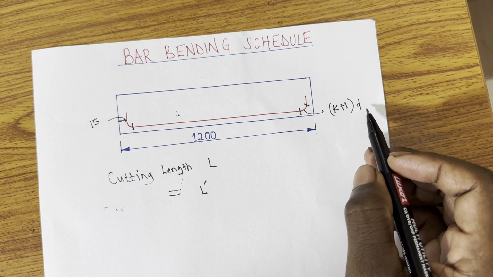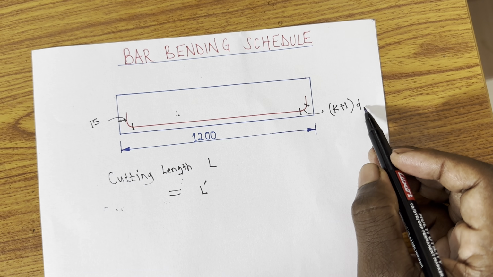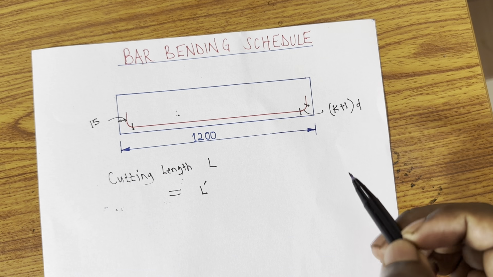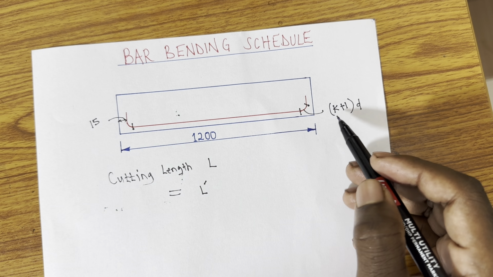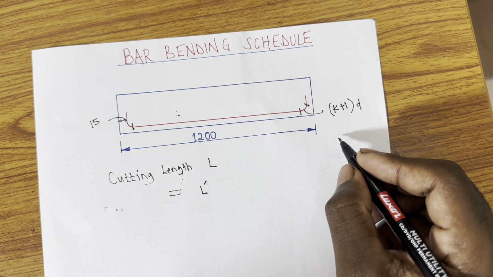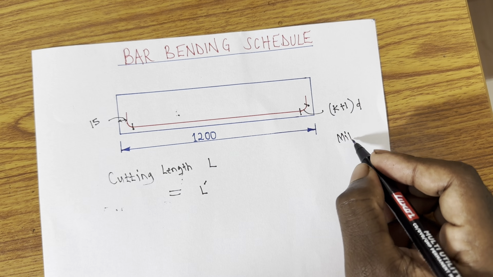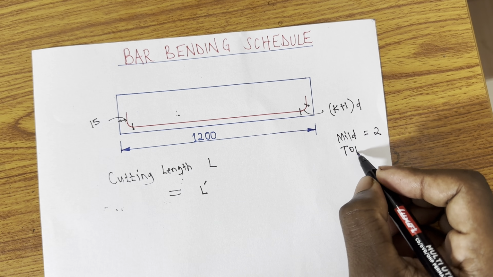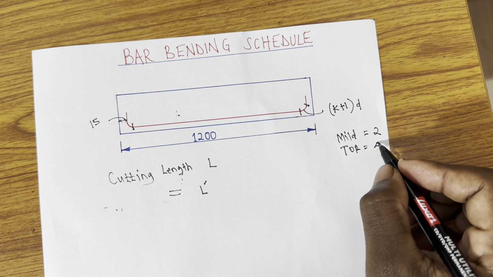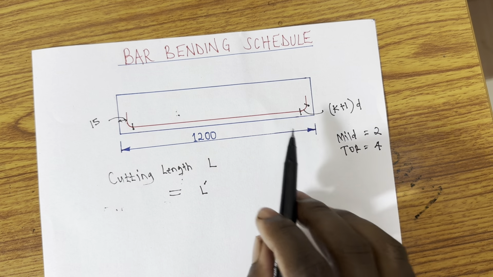There is K and there is D. First of all, D is the diameter of this main bar that you're using. And then K is a constant. If it is mild steel, K is 2. But if it is tor steel, K is 4. And in this case, what we're using is the second one.